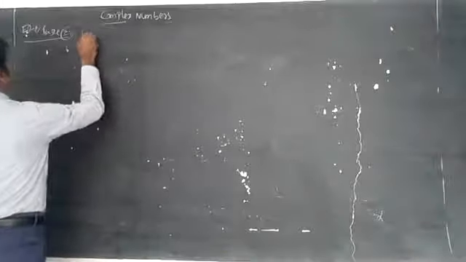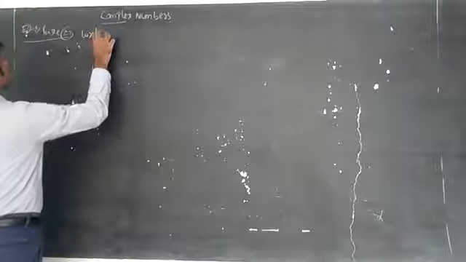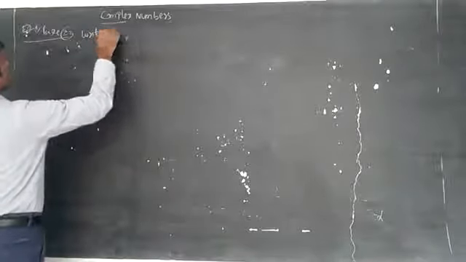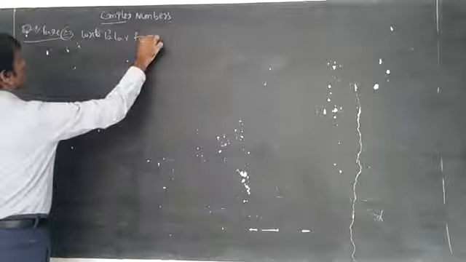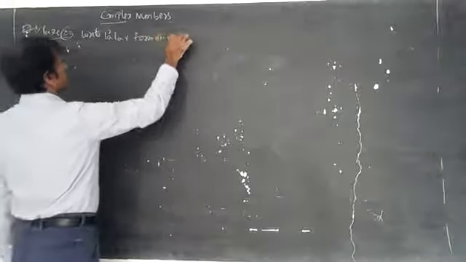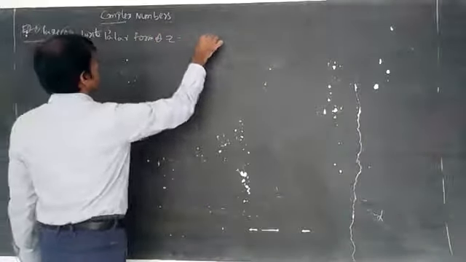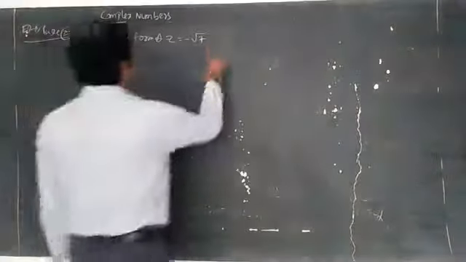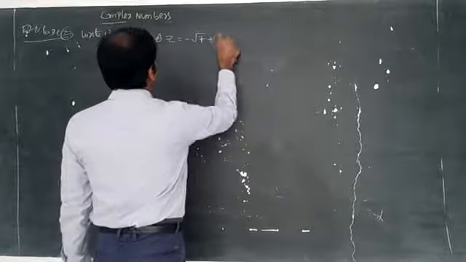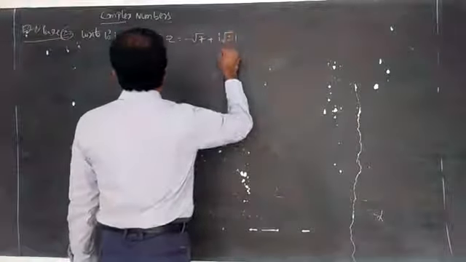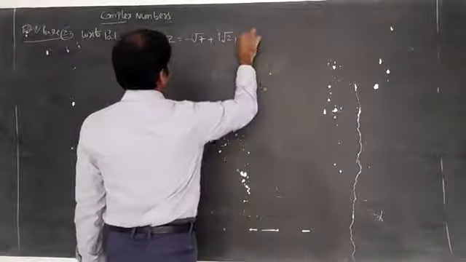Z is equal to minus root 7 plus I root 21. Write the polar form of Z is equal to minus root 7 plus I root 21. This is 2 marks.